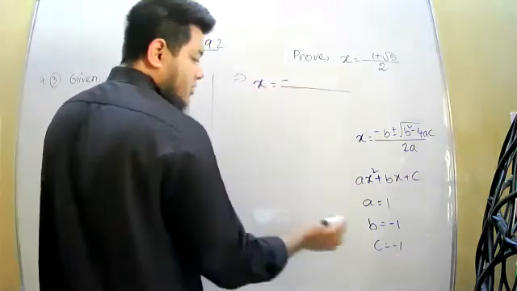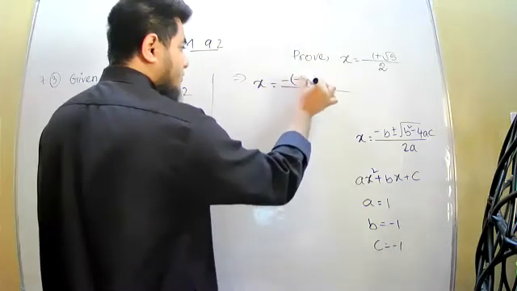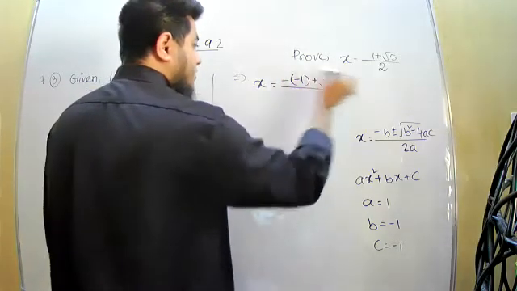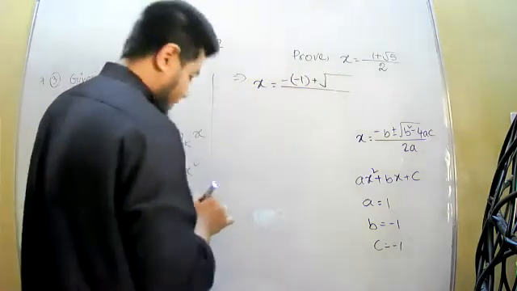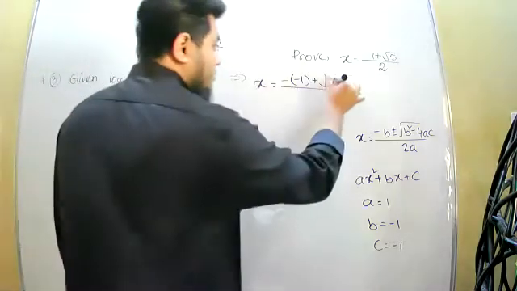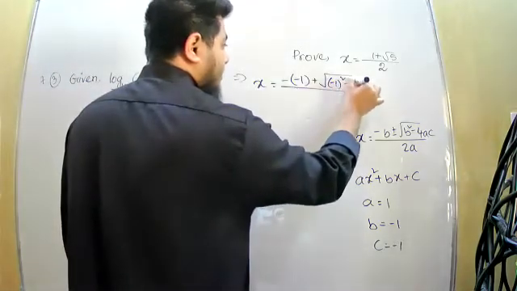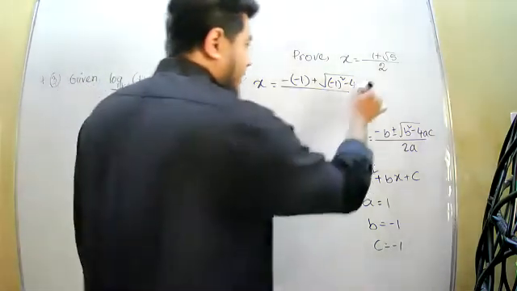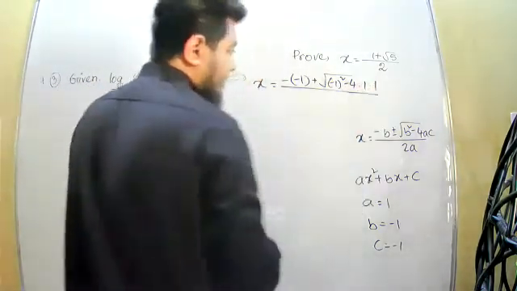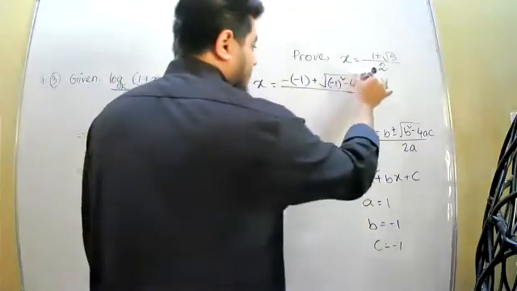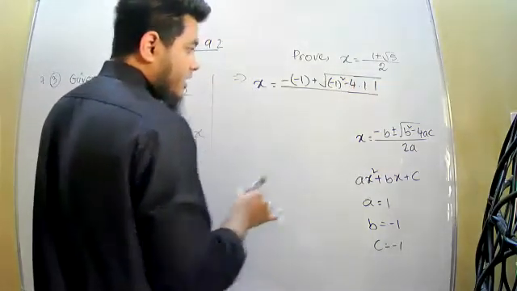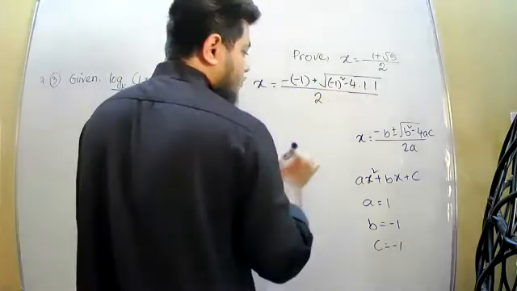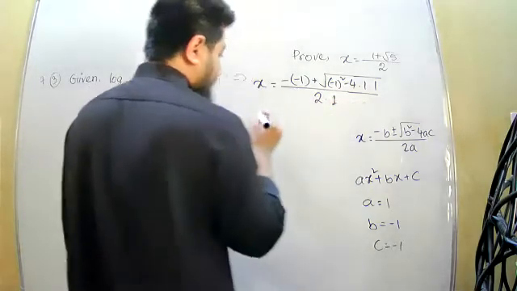So minus b means minus 1 plus root over b square. B square is minus 1 square minus 4 into ac. A is 1 and c is 1. So divided by 2 into a, that is 1.